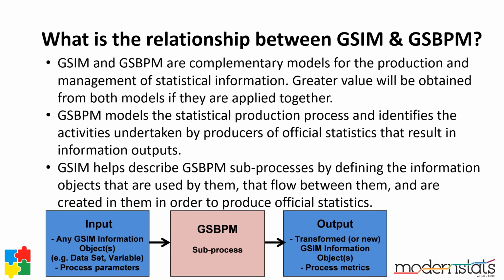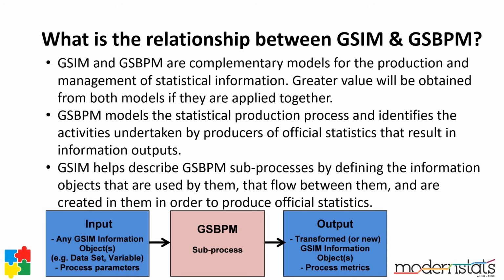So the diagram at the bottom, you can see on the left you have input, which can be any GSIM information objects. For example, it could be a data set, it could be a variable, and you could put in some process parameters to steer your process. In the middle, you have a GSBPM sub-process.